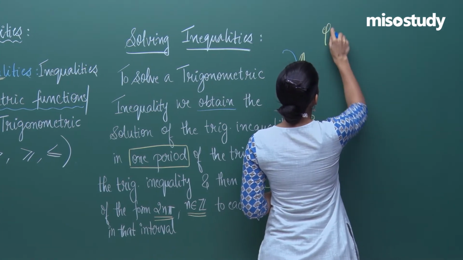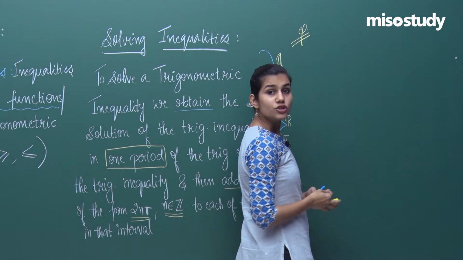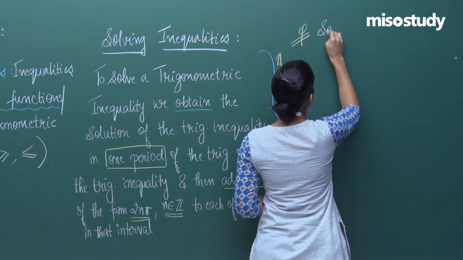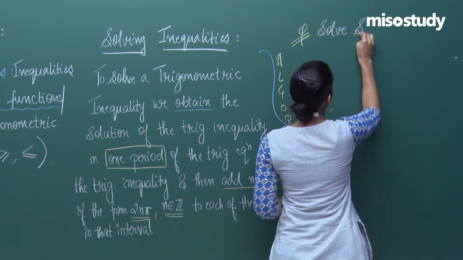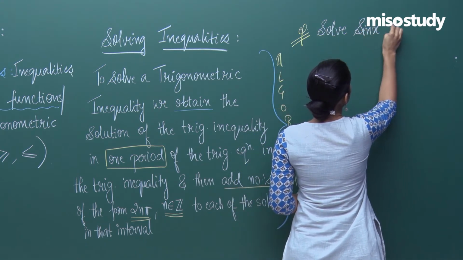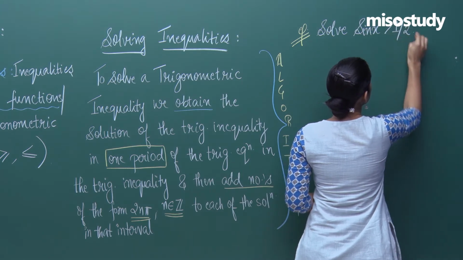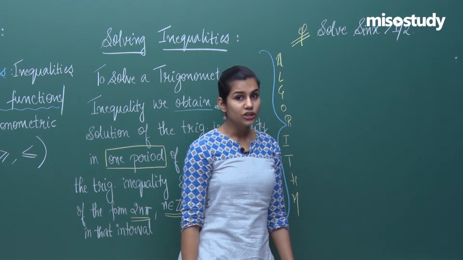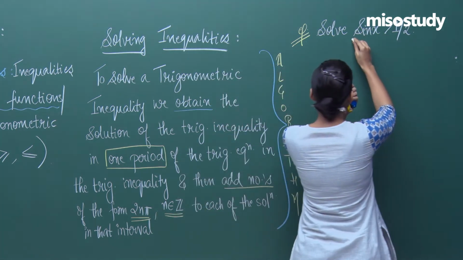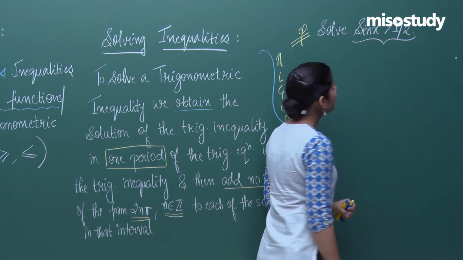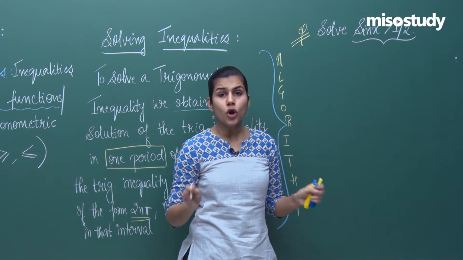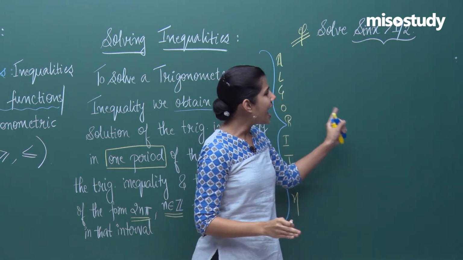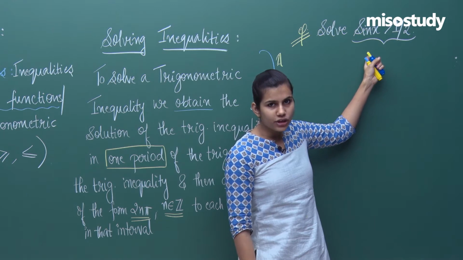For example, I say solve sin x strictly greater than half. Suppose this is what I'm asking you to solve. Again, you can very well see this is nothing but a trigonometric inequality having the sine as a trigonometric function.